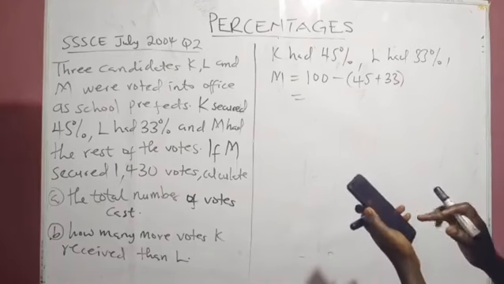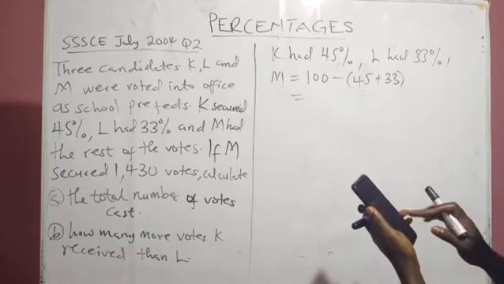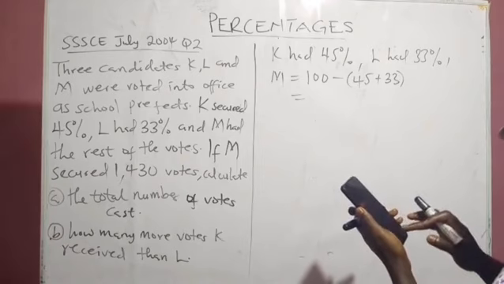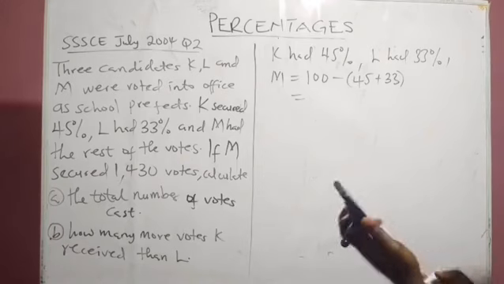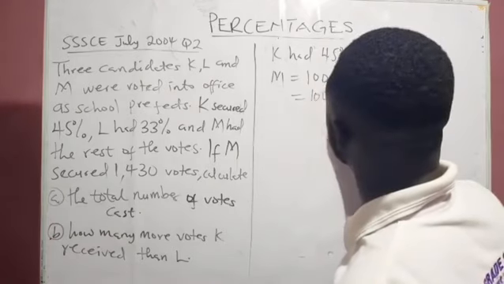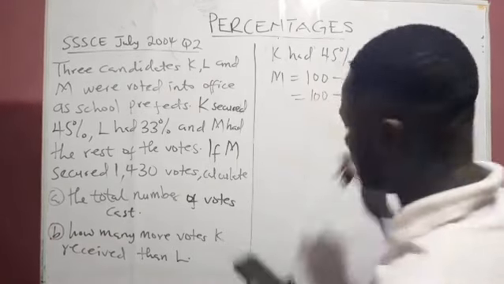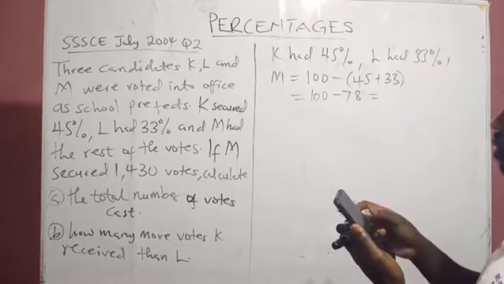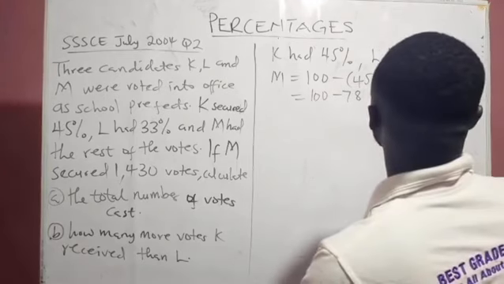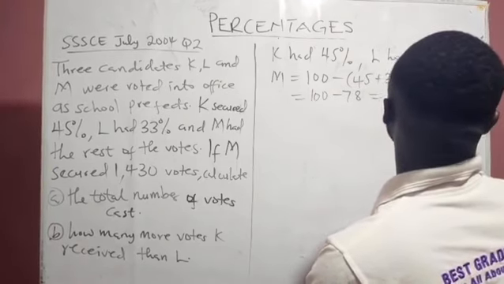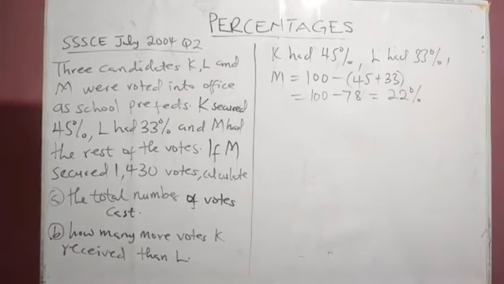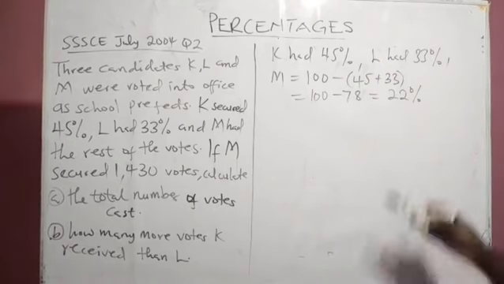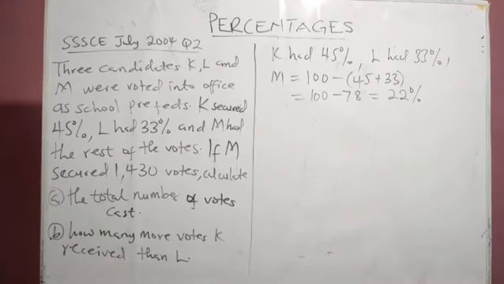So 45 plus 33 will give us 78. So 100 minus 78 will give us 22. So M had 22%. So in terms of percent, M had 22, K 45, and then L 33.